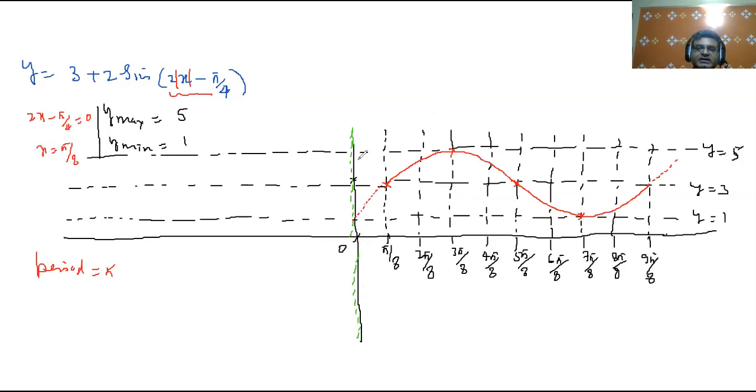The graph will be symmetrical with respect to the y-axis. So I am just plotting in this way. The graph will be like this. The graph will be symmetrical if we put modulus here. Otherwise, the nature of the graph will be this.